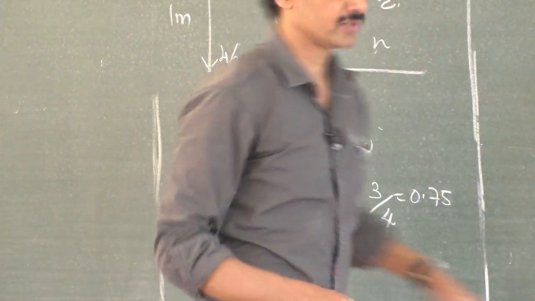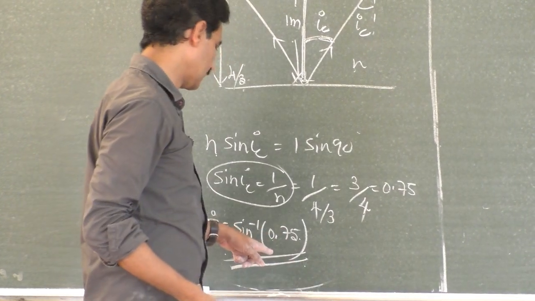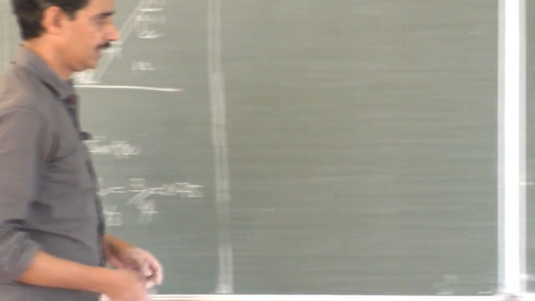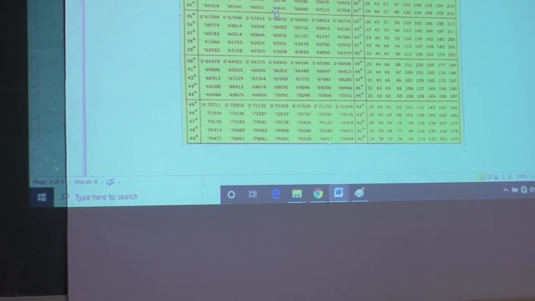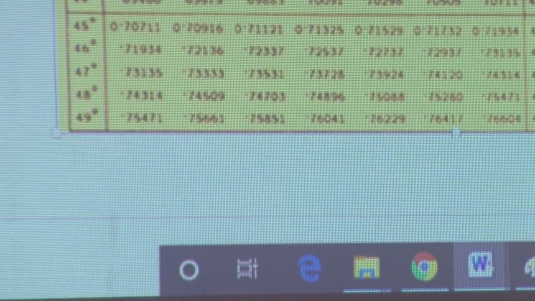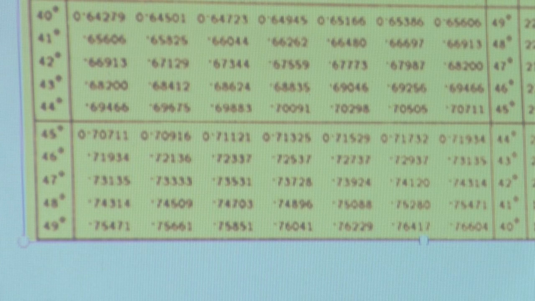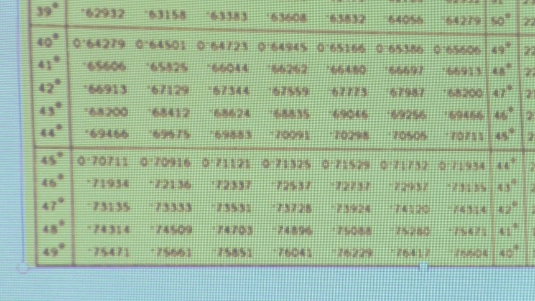So we will go for sine inverse of 0.75. Where is sine inverse of 0.75? A number which is very close to this is enough. We will search for it. See, sine values increase as theta increases.